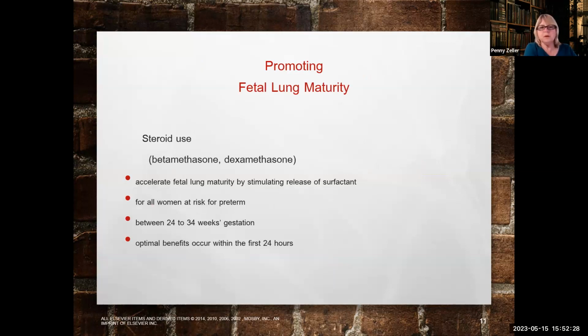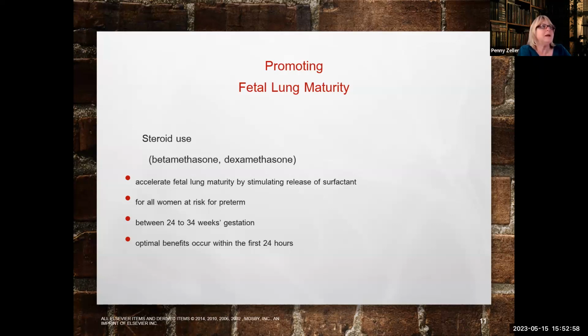So with our preterm labor babies, if we're having trouble stopping labor, we have an expectant management or very active approach to managing preterm labor. And it's about the safety of the fetus. So not only are we going to be giving magnesium sulfate, we're also going to give mom an injection of betamethasone.